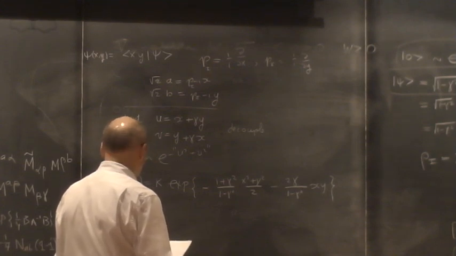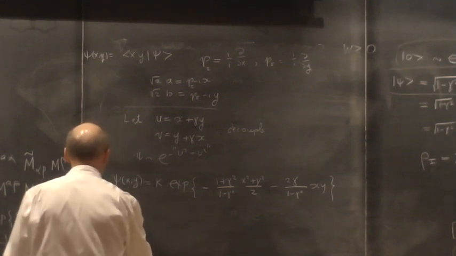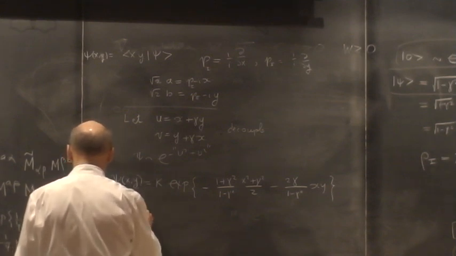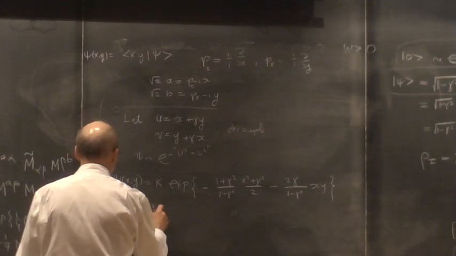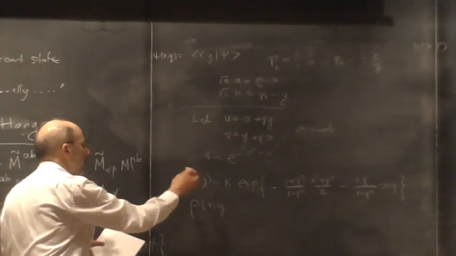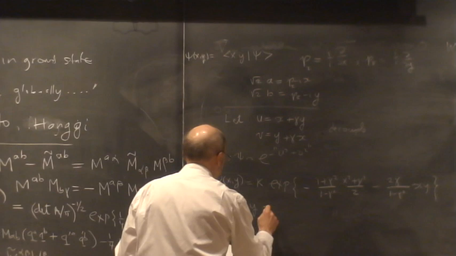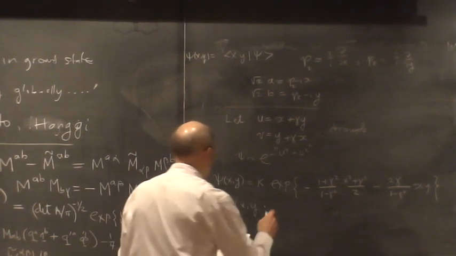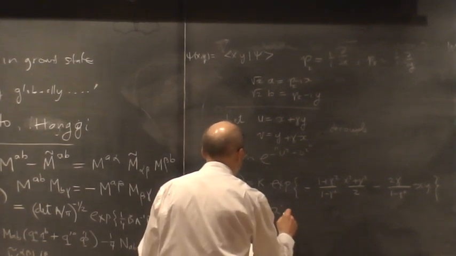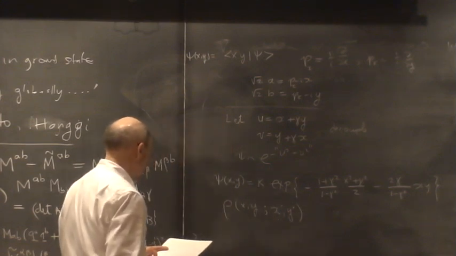So another one is, okay, so now this gives us rho of xy. Again, it's just a pure state. So the wave vector itself is a function of x and y, which are the configuration variables for the pair of oscillators. So the density matrix is a function of two of those, which we could call x, y, x prime, and y prime, as usual.